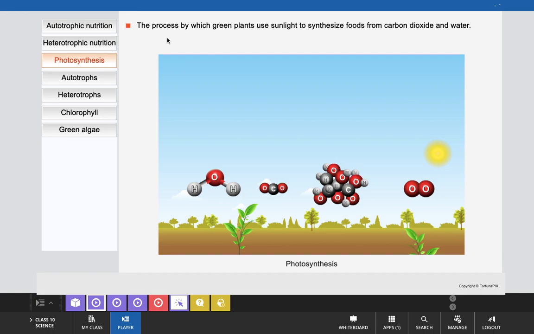The process by which green plants use sunlight to synthesize food from carbon dioxide and water. Here you can see that water and carbon dioxide give rise to the complex food substance. What is this? This is glucose, in the form of starch formed inside the leaves, and oxygen is released in this process.